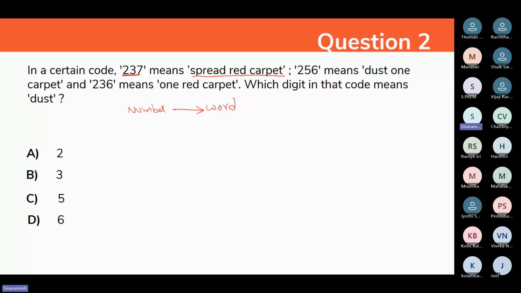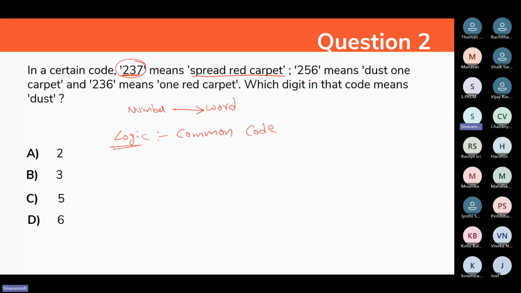For number to word logic. We also call this logic common code logic. Here, 237 means spread red carpet, it doesn't mean that 2 means spread, 3 means red, 7 means carpet. You should understand that.